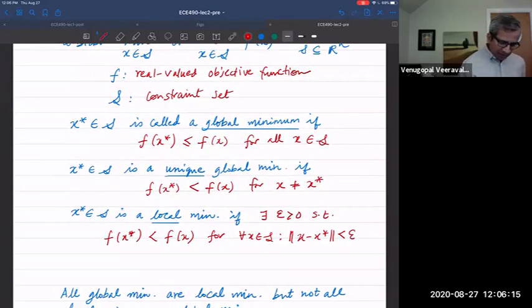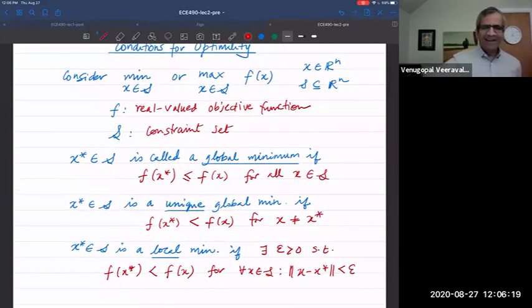By the way, can you have a unique local minimum? It doesn't even make sense. Well, if there was only one local minimum to the function, then that local minimum will also be the global minimum, if it's unique.